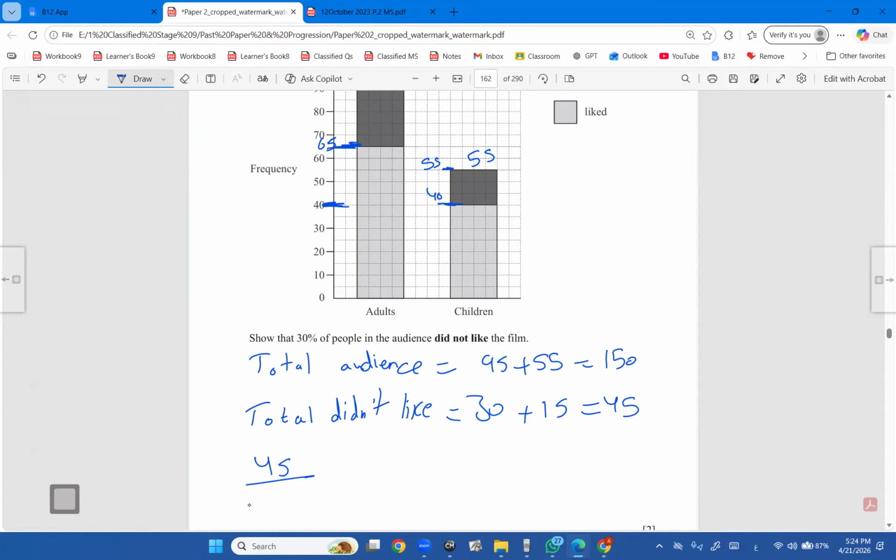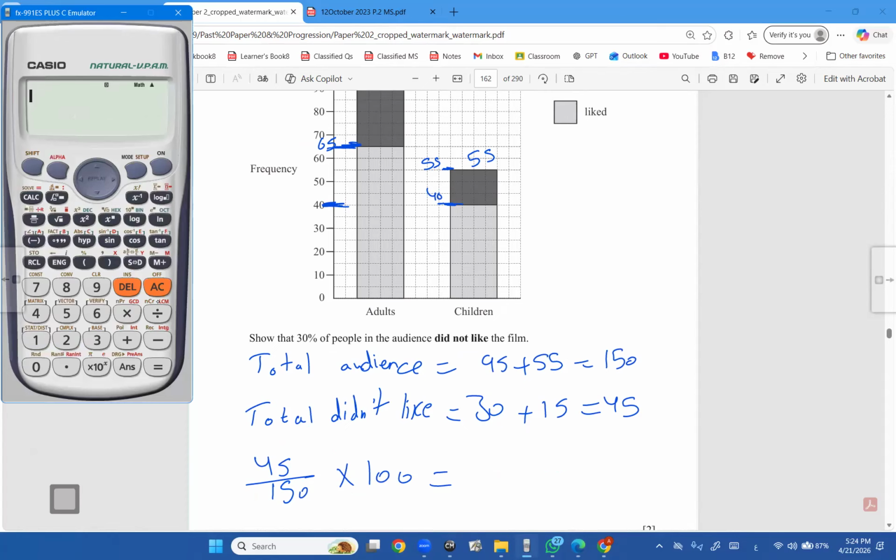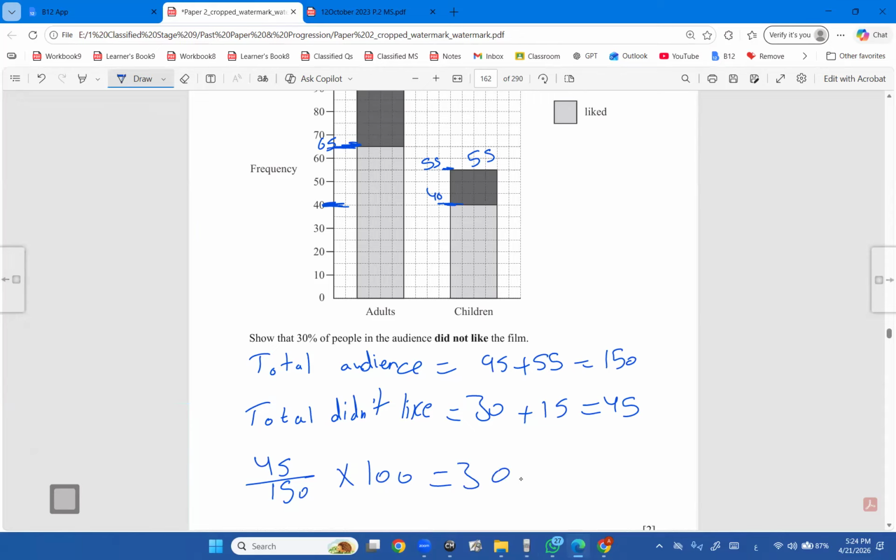Out of the total audience, which is 150, I want it as a percentage, then you multiply by 100. 45 over 150, then you multiply by 100, gives you 30% exactly. So it is total of those who did not like it, 45 out of all the audience, which is 150, multiplied by 100 gives you 30%.